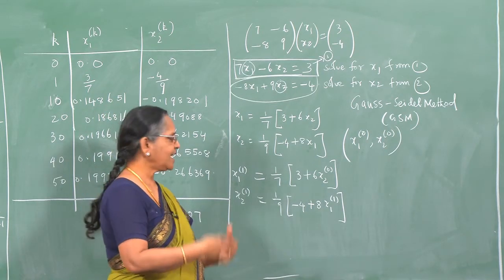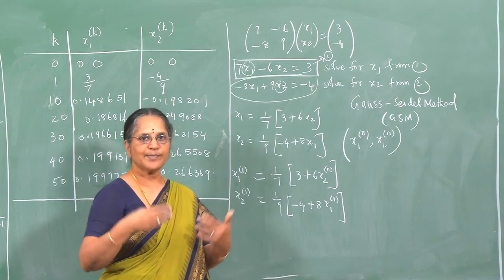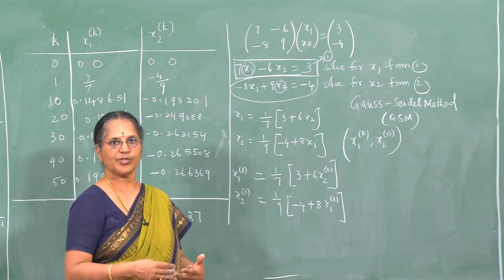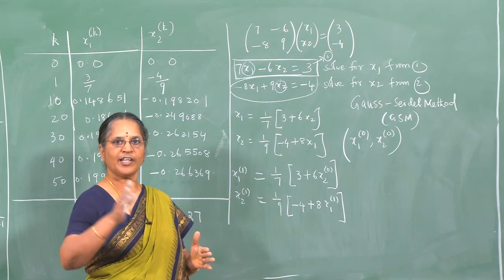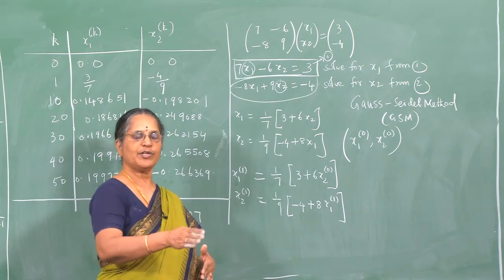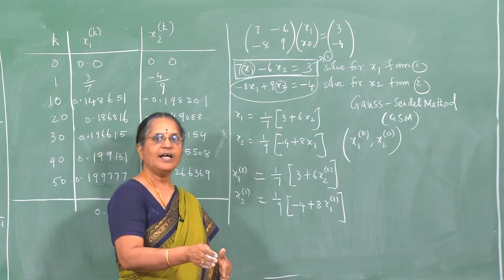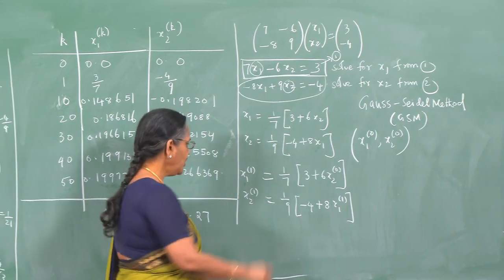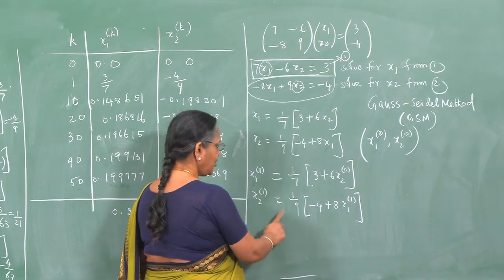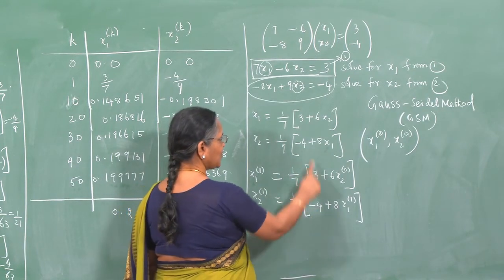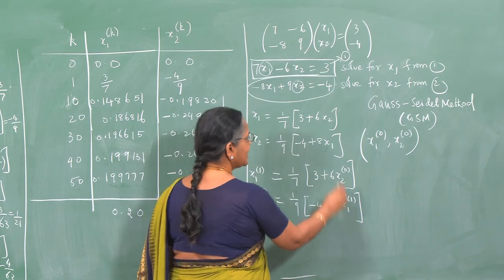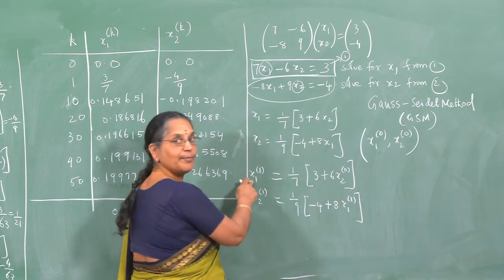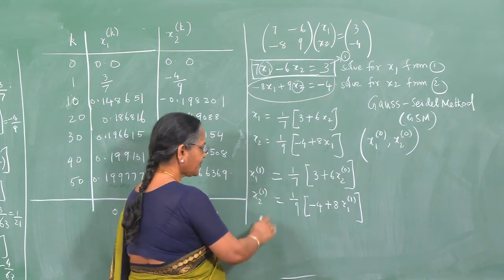Whereas, in the Gauss-Seidel method, wherever it is possible to make use of the currently available solution, it is made use of on the right hand side to compute the solution at that particular step from the left hand side. So, x2 1 is computed as 1 by 9 into minus 4 plus 8 times, substituting for x1 the currently available value which you have computed just now.